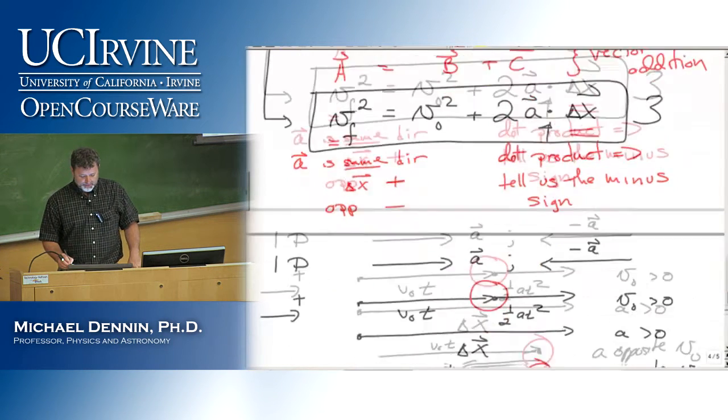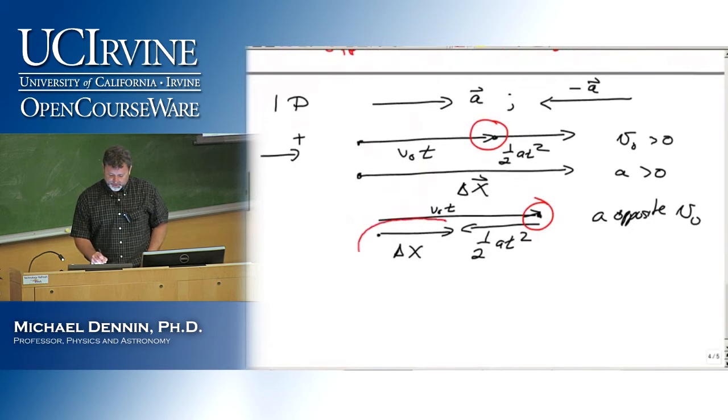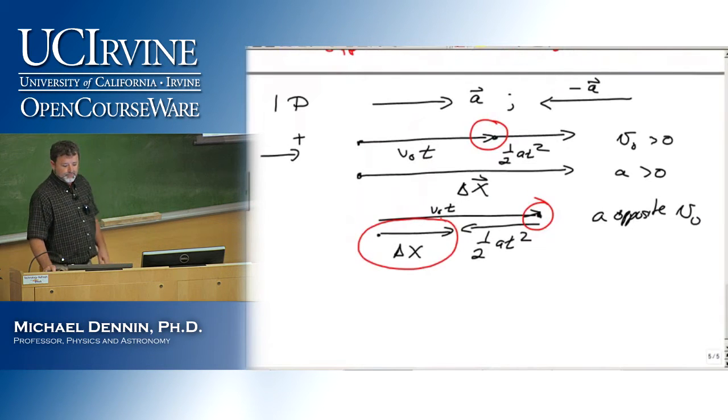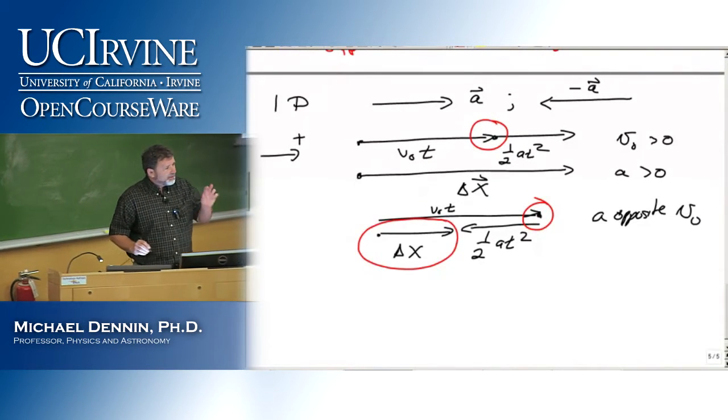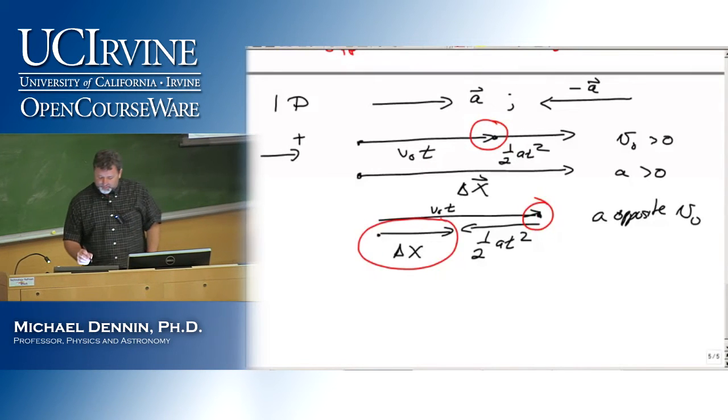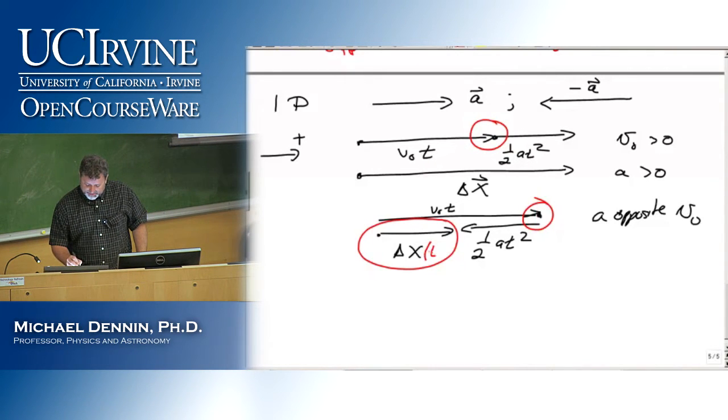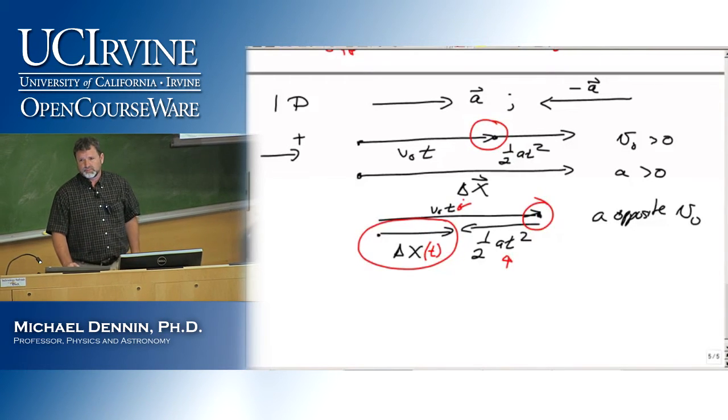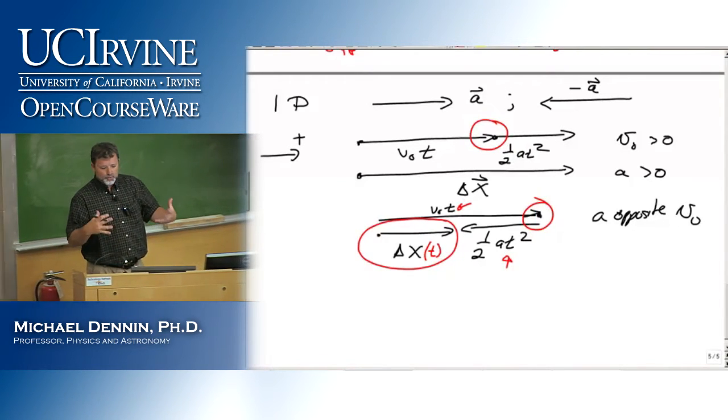So, for instance, in this picture, it would be this vector here, delta x. Notice, we're a little sloppy with notation. This really is delta x of t because it's for whatever time t those are. I have assumed a particular time t by drawing these vectors.